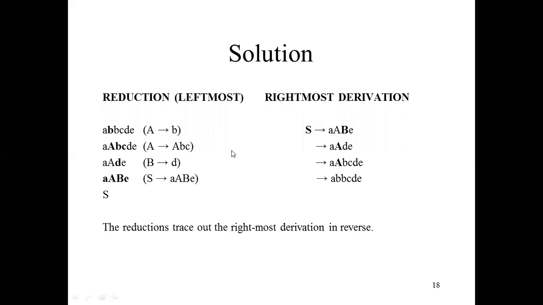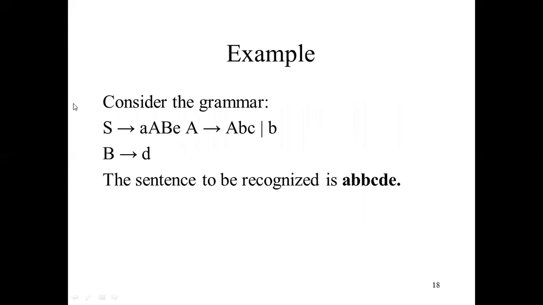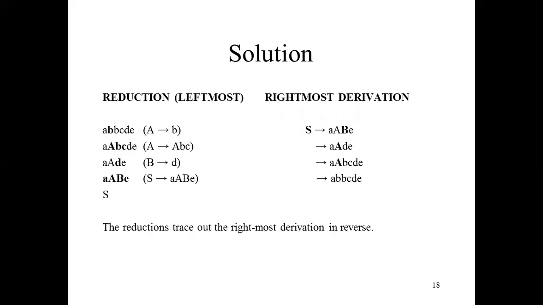Rightmost derivation. So here we will start from a, b, b, c, d, e. This is given. And then start to replace. A single b we will replace by capital A, as per requirement.